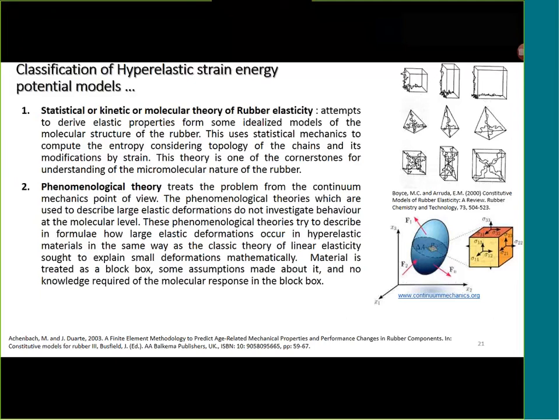Another category of material model is called the phenomenological material model. In this category, we don't look at the microscopic aspect of the elastomeric material, but rather we look at the material from a continuum mechanics point of view.